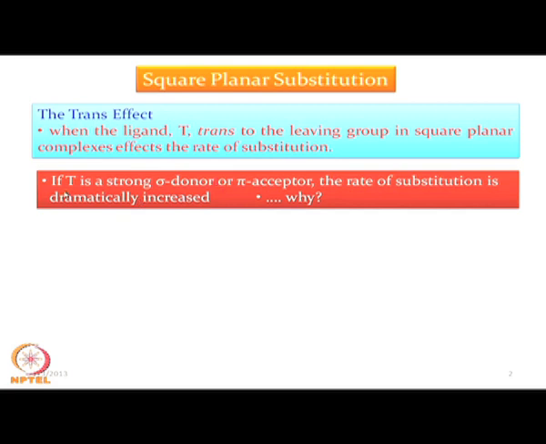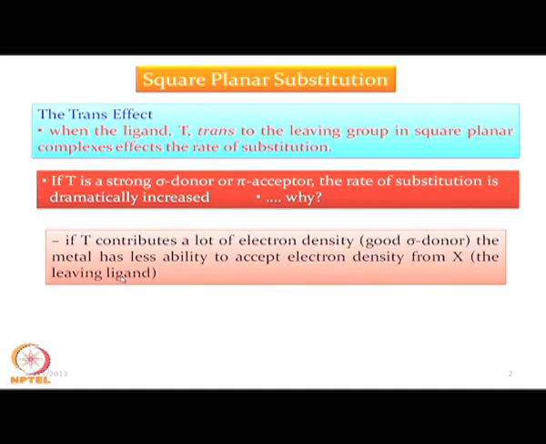So, two types of T ligands we will consider. One is the sigma donor type and another is the pi acceptor type, because these two types, as we have seen earlier, can change the corresponding ligand field stabilization energy. That means the splitting is more, which stabilizes the compound in the low spin state, and the gap between the molecular orbitals which are metal centered and ligand centered is also bigger.